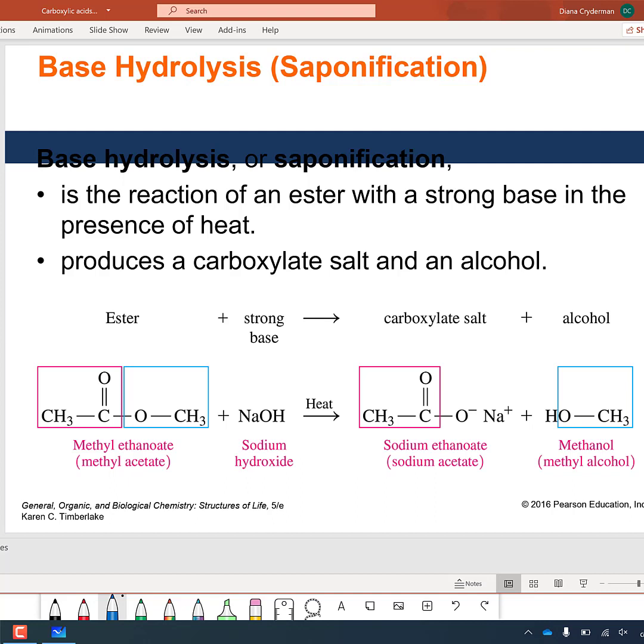And so in this case, we'll start with an ester, and we add a strong base, so something like sodium hydroxide, and heat. And when we break this apart, it's a different mechanism. And instead of just forming the carboxylic acid and the alcohol, we're still going to form the alcohol, but now we don't have the acid formed. What we have is the acid's salt.